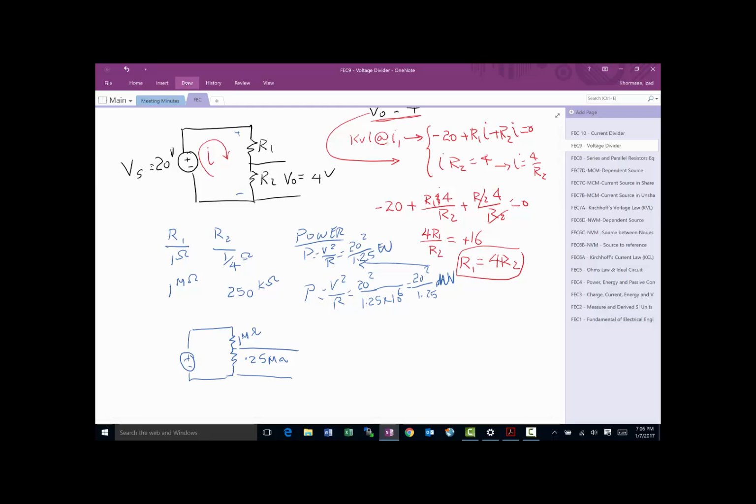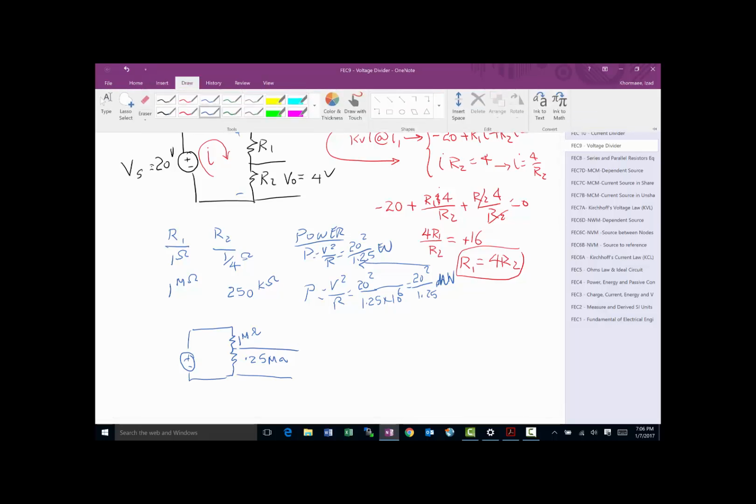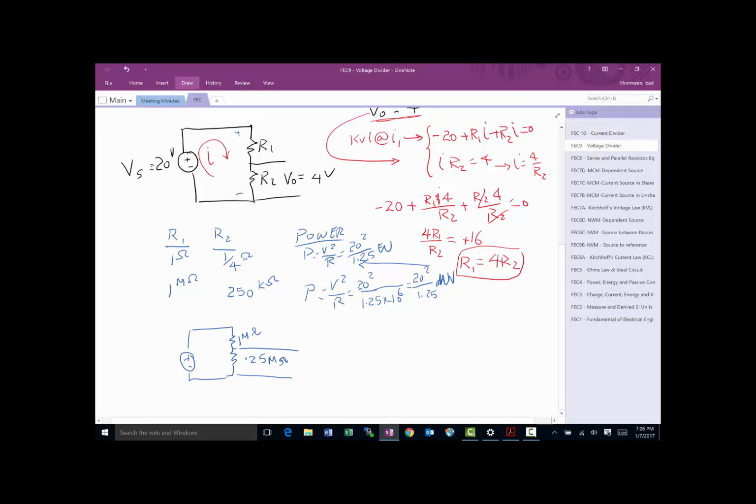What if the reason you build this is because there's going to be a device, a load, which, let's say, is a charger for your phone. Now you're going to connect your phone to this device. Now let's see what happens. Let's say your phone is a 1 kilo ohm device.